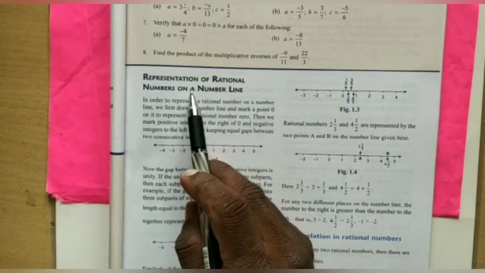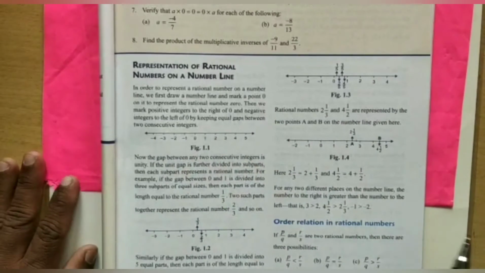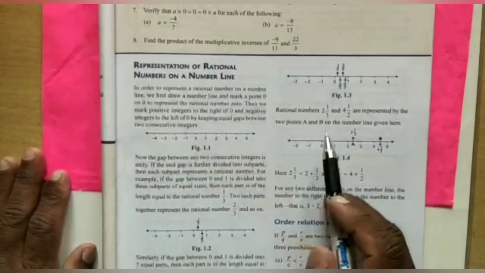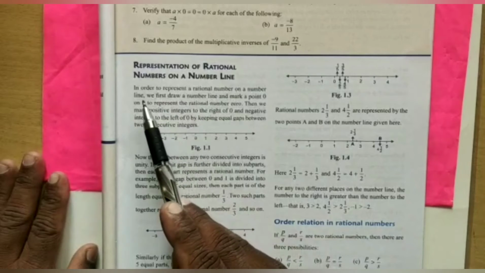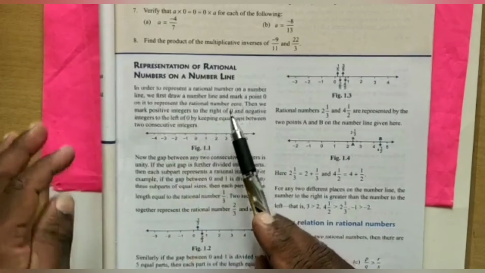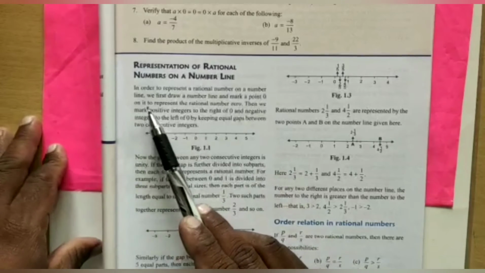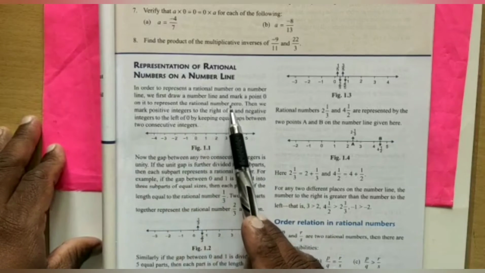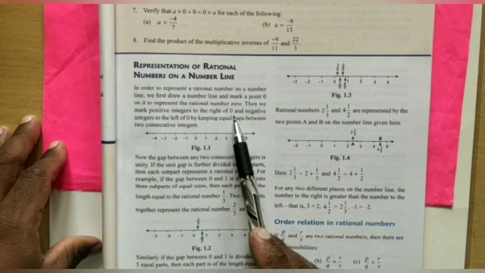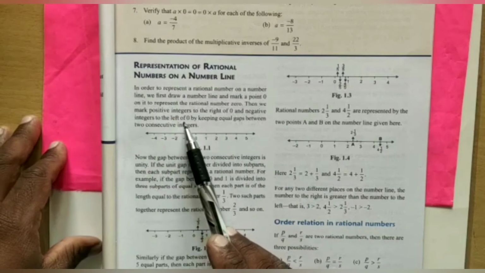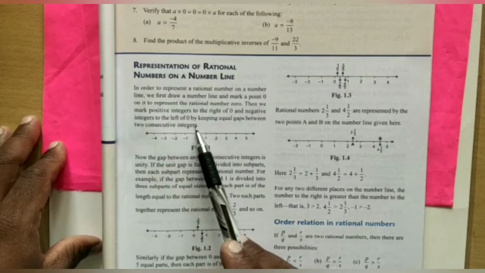Representation of a rational number on a number line. In order to represent a rational number on a number line, we first draw a number line and mark a point 0 on it to represent the rational number 0. Then we mark positive integers to the right of 0 and negative integers to the left of 0, keeping equal gaps between two consecutive integers.